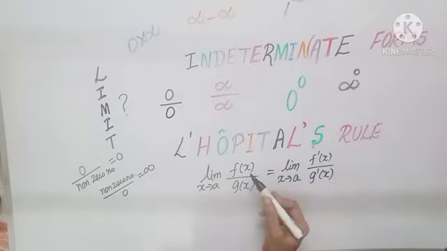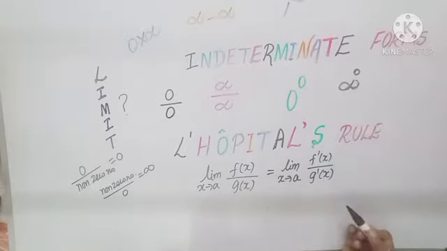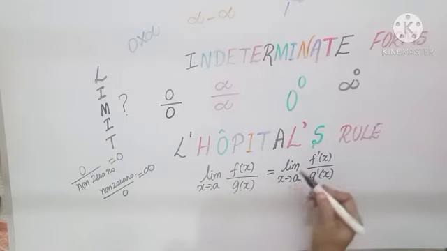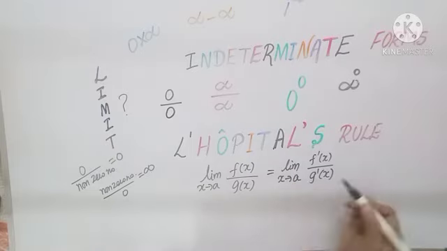This is not u by v form. Do not consider quotient rule for this. Rather, differentiate the numerator separately, differentiate the denominator separately, and then apply the limit. Check whether you get a proper answer.